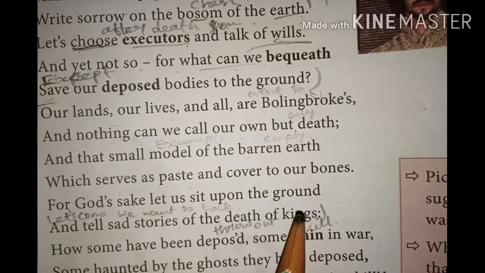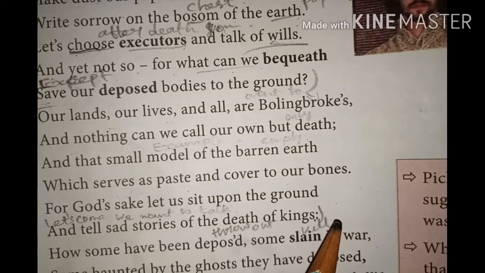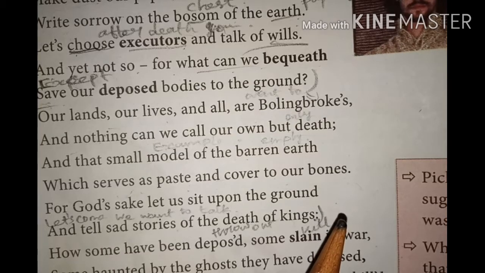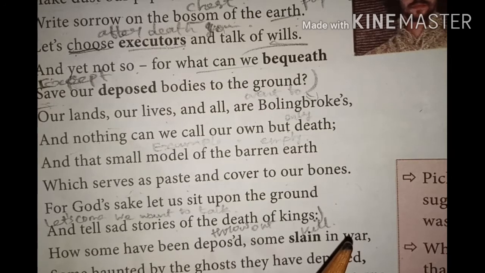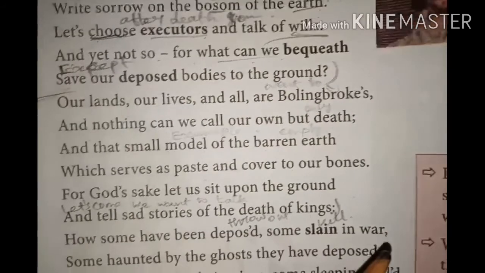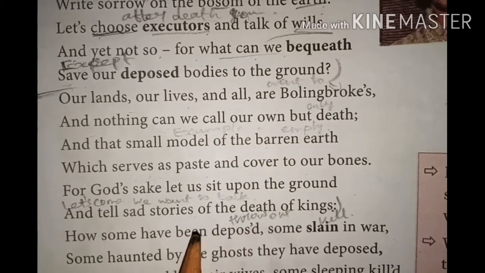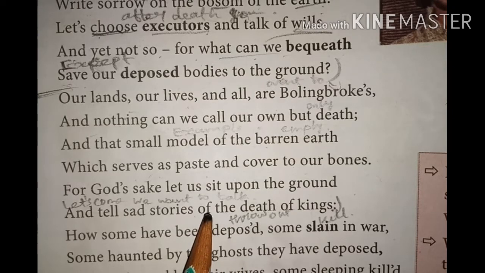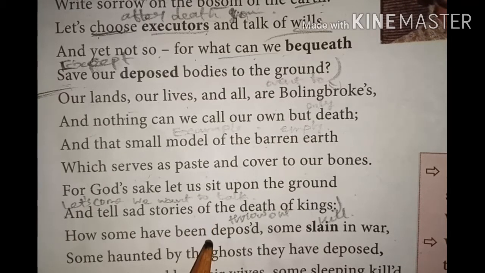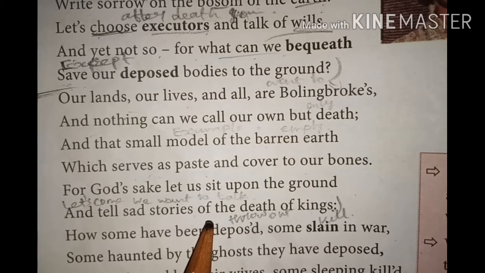We want to talk about the death of kings. In past years many kings were defeated from their position, and many kings also died. So we want to know the stories about the kings, how they died, what their honors were. We want to talk about the sad stories of the deaths of past kings. Like that, Richard calls his followers at the end of his speech.